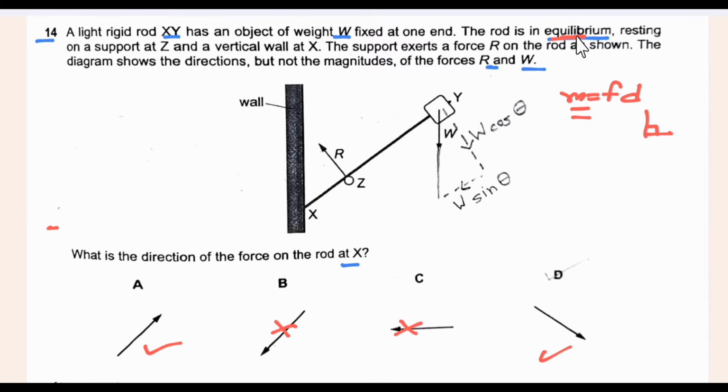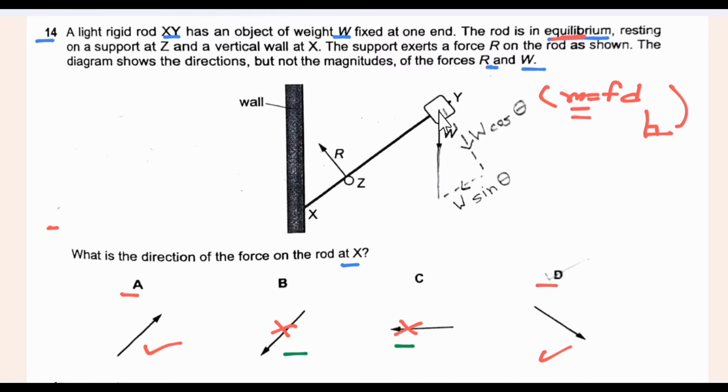Since at equilibrium the resultant force is 0 and the resultant moment is 0. So to decide which one is correct, we need to use moment of force, because by forces we have found that B and C are wrong, but by moment of force we can decide which one is correct, either A or D. So moment of force is equal to force into distance, but what is the pivot?